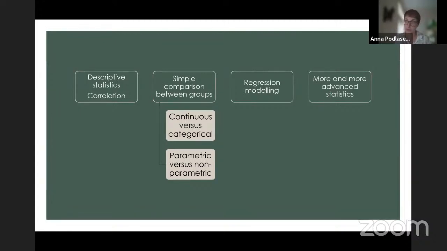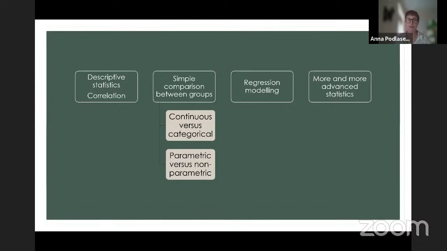So we need to know the distribution of the data, whether it is normal or non-normal distribution, and its variance. And then we can start choosing our tests. So simple correlation, which just tells whether the data is associated with the other thing or not. And here I will just leave the name Pearson-Spearman, depending whether it is parametric or non-parametric data.